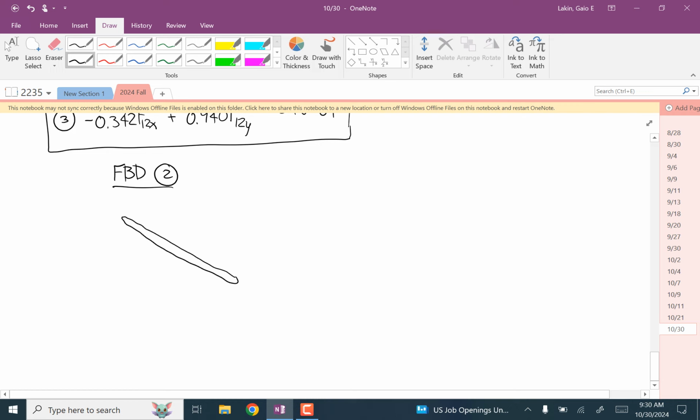Up at the pin B, that 1,000 Newton force is not applied to this. So the only force we have here is negative F12. Then we have this weight force, 9.81. And then down here we have the reaction RC.